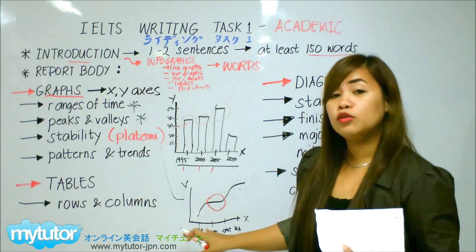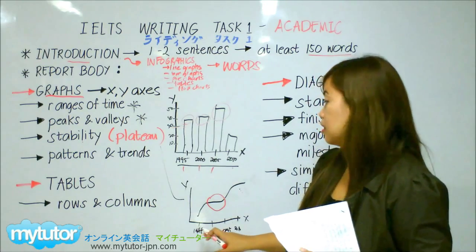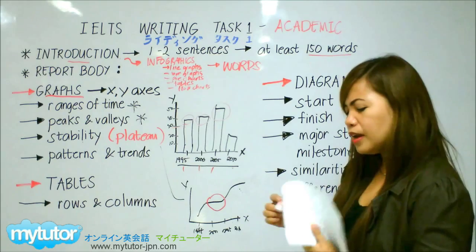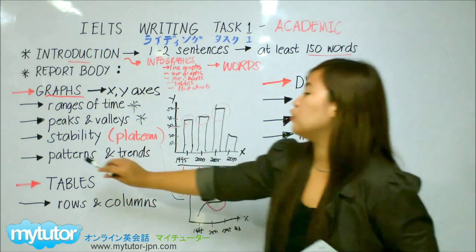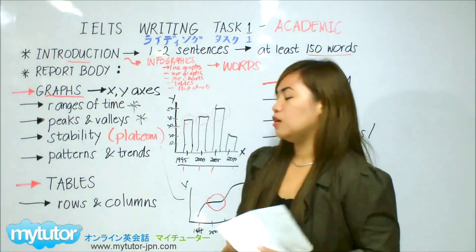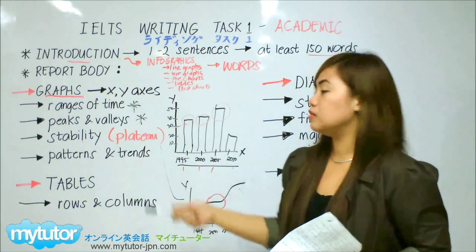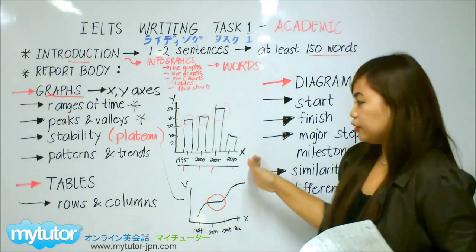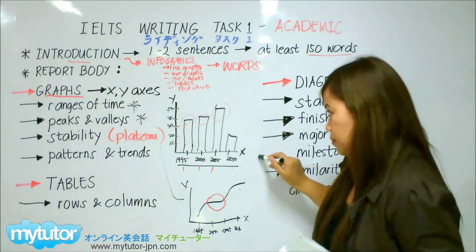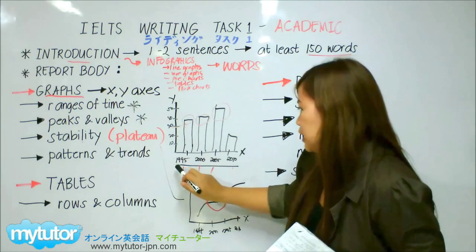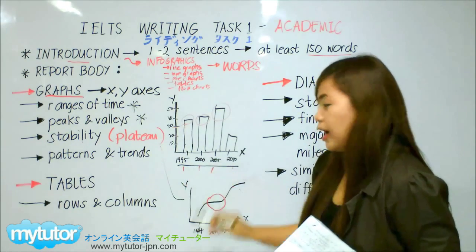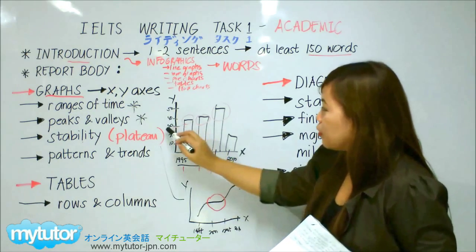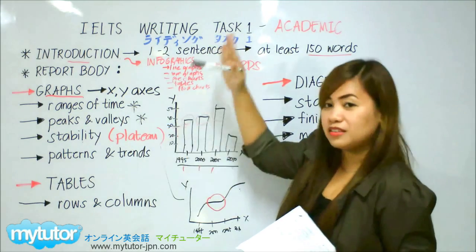So you have to look into this as well. Okay? This is what you're going to write in your report. Now, we have patterns and trends. What are we talking about in this phrase, patterns and trends? In this graph, okay, we also base it here. From 1995 to 2005, okay, we have 3 ranges of time here, periods of time. You notice they're all up there in the peaks.